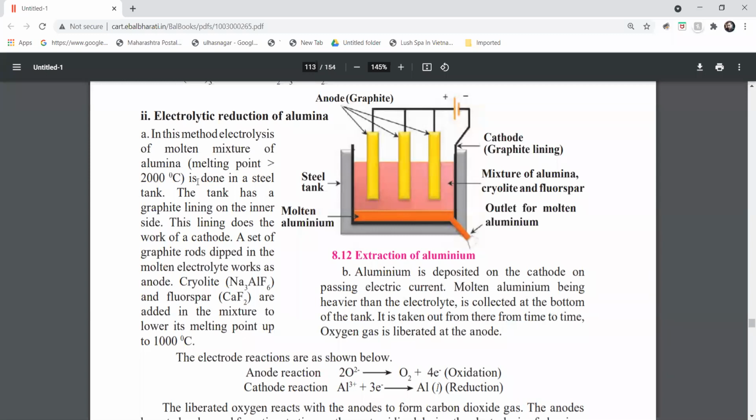Because the electrolyte is lighter than that, it will be at the top. Oxygen gets released at the anode, and because oxygen reacts with the graphite and creates carbon dioxide, the carbon dioxide is released at the anode and the anode gets oxidized. Anode rods will have to be replaced continuously to ensure that they don't get completely oxidized and stop reacting. Okay.